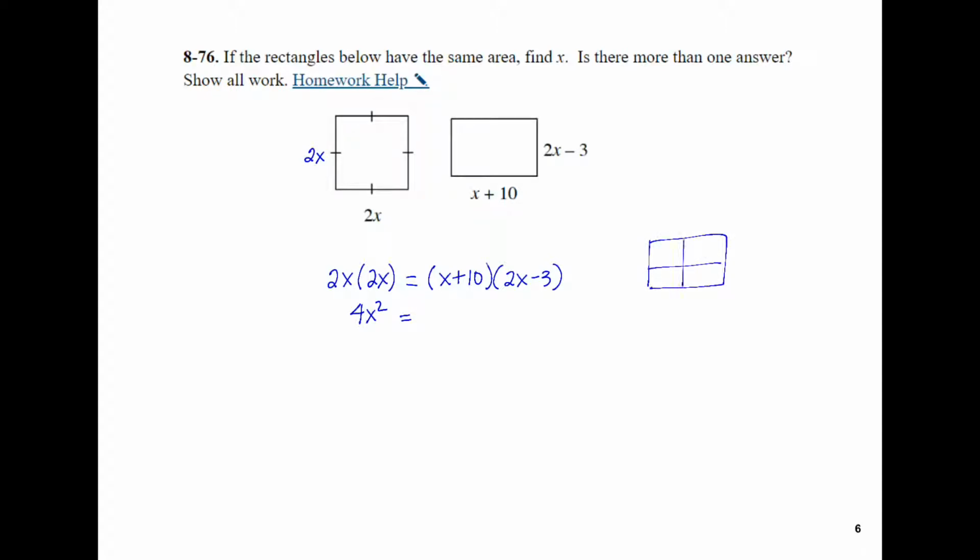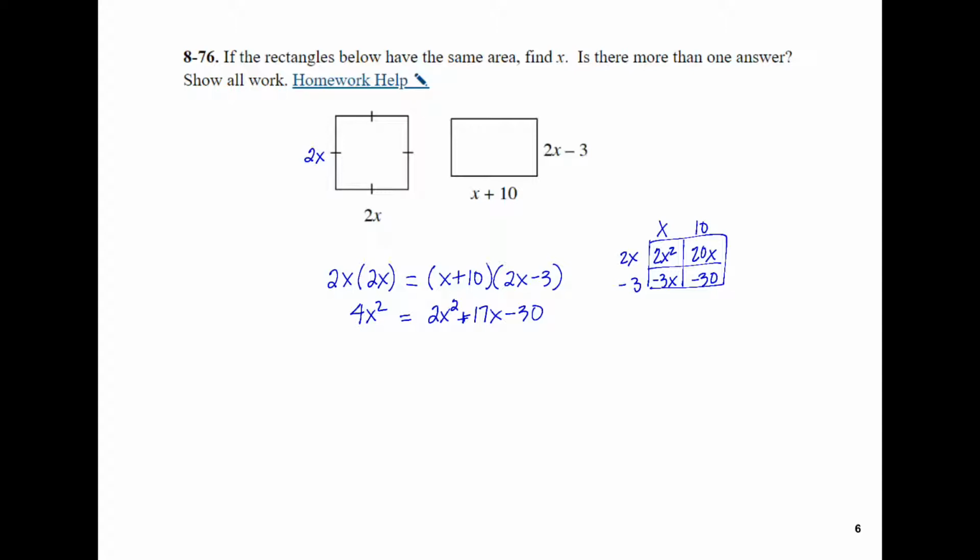Don't forget, when we multiply a binomial times a binomial, we need to distribute. So we get 2x squared, 20x, negative 3x, and negative 30. So 2x squared, 20 minus 3 is positive 17x minus 30.